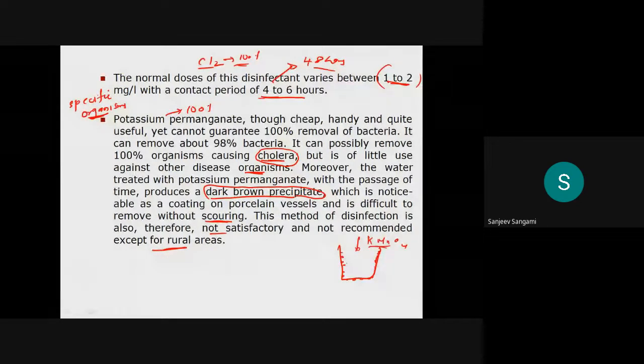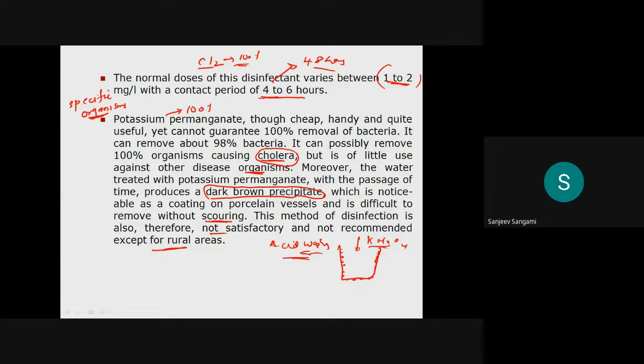If you want to remove that, you have to do acid washing. Remember, acid washing is again time consuming and money consuming. So it is going to attach, and if you want to remove it, you have to go with acid washing.